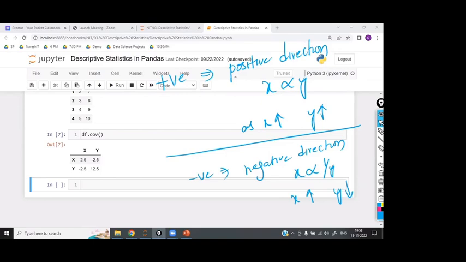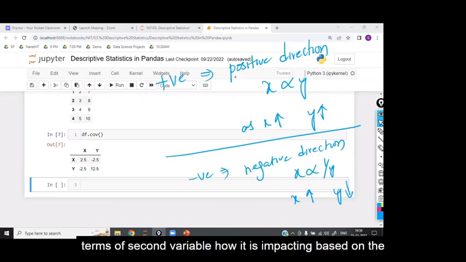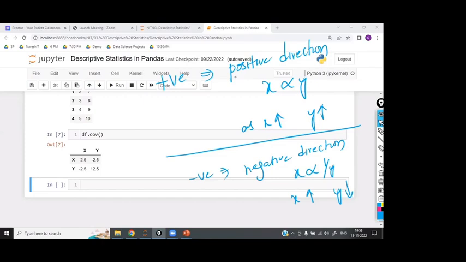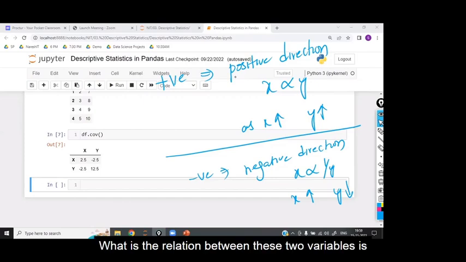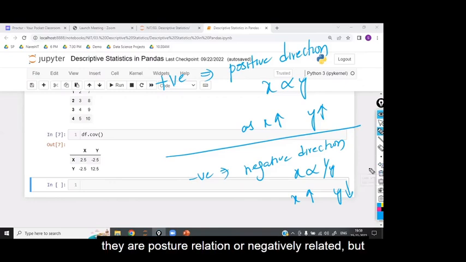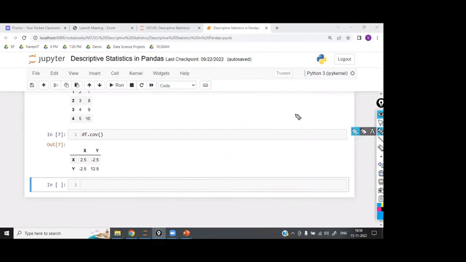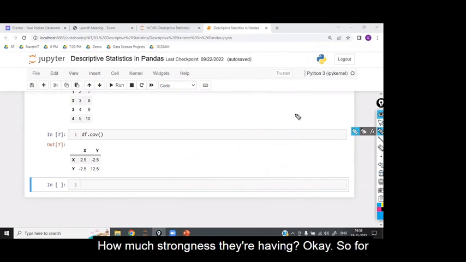Now it is clear how the second variable is impacted based on the first variable. The relation between these two variables is given by covariance. This gives the relation, whether they are positively or negatively related, but how strong is the relationship?